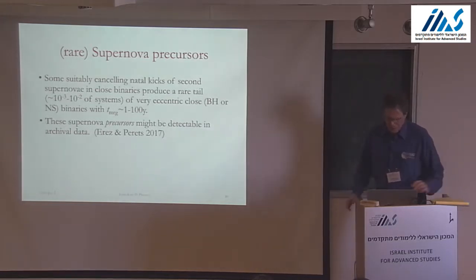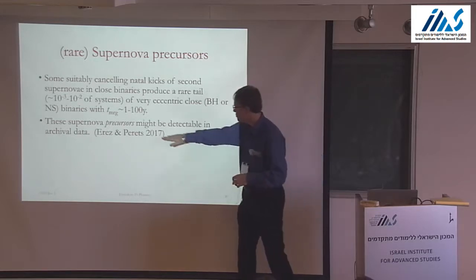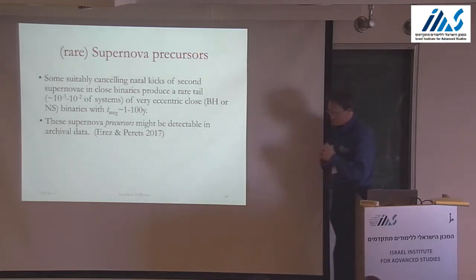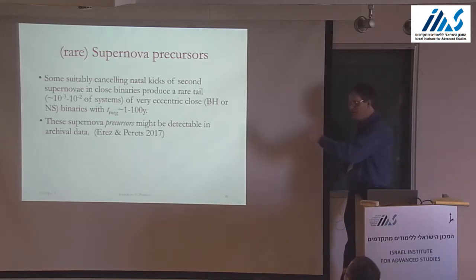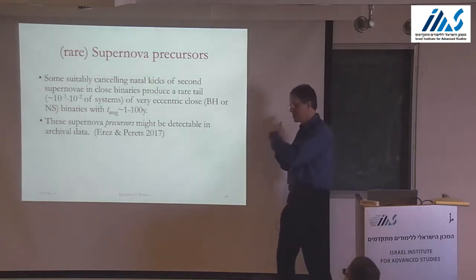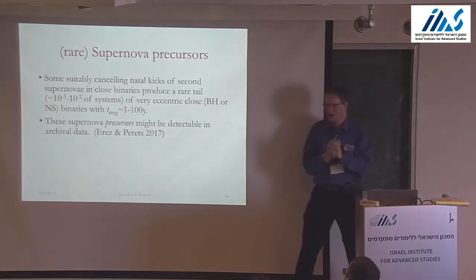Okay. There's one other interesting idea, posed by Erez and Peretz, of precursors to black hole mergers, not transients that happen just seconds before or minutes afterwards, but 100 years beforehand.